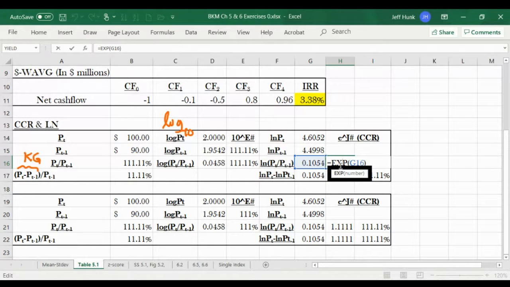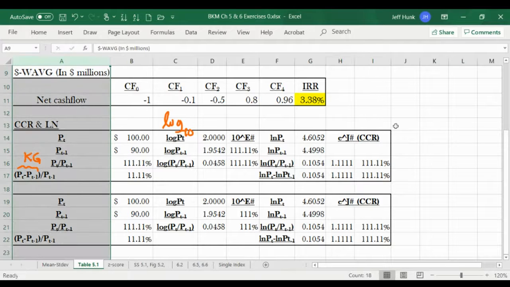See, if I raise the exponential function to this number, right, we'll come to 1.111, which is a percentage, right? This. And of course, if I subtract 1, that's just the net return. And the same thing, right, as the last one.